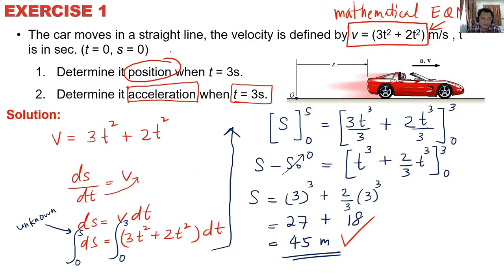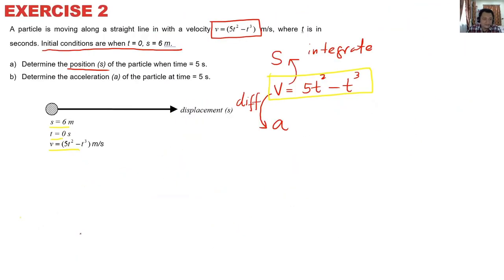If you go up here, when time is equal to 0, S is equal to 0, right? So when you get something like this, your limit, original displacement becomes 0. At the final condition, this is the thing that you're trying to find. But in this case, when time is equal to 0, S already has a value.